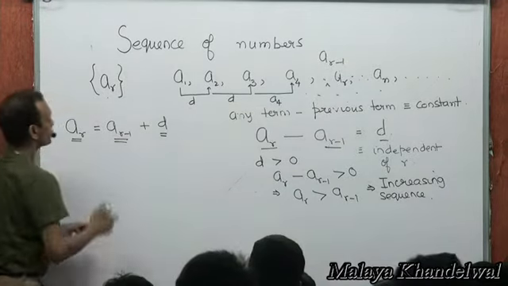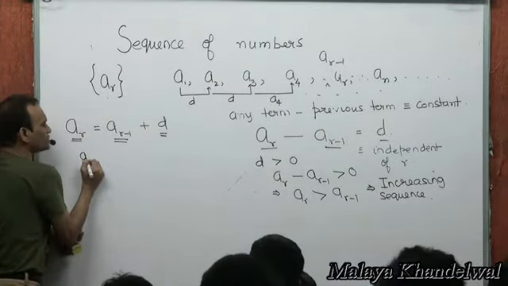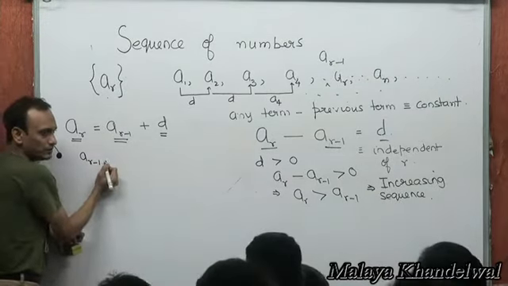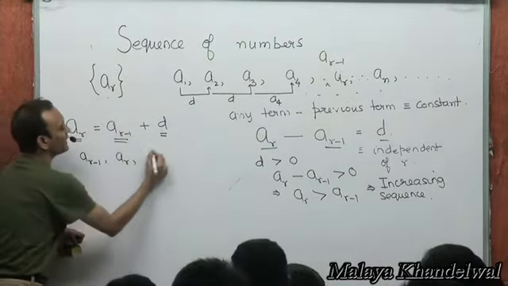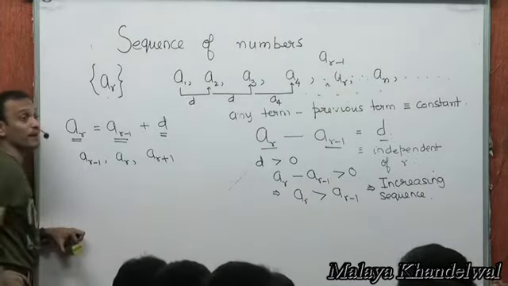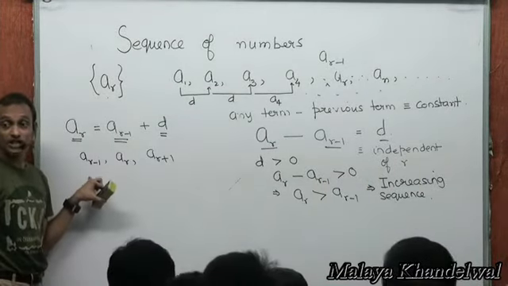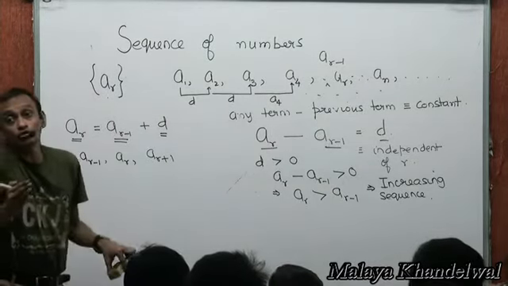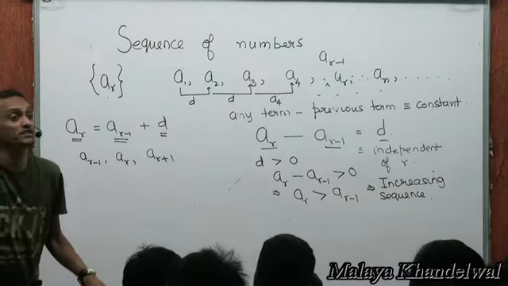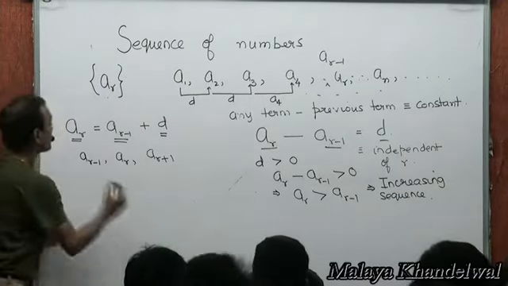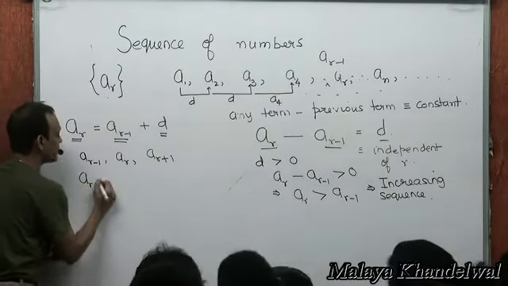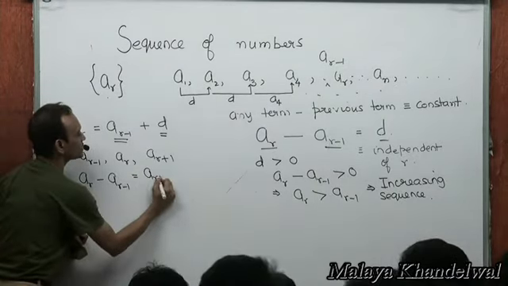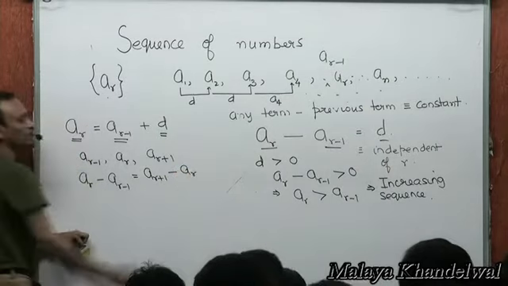Now, think of it. 3 consecutive members of the sequence. Say AR minus 1, AR, and AR plus 1. These are 3 consecutive members of the sequence, and they will subscribe to this property. Any term minus previous term is a constant, right? That means AR minus AR minus 1 will be equal to AR plus 1 minus AR for 3 consecutive terms.